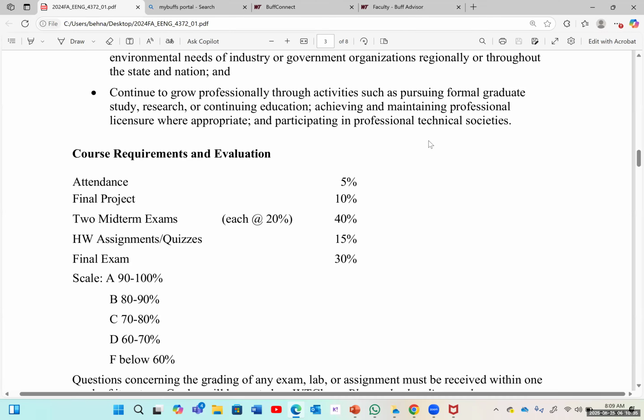We're going to have a final project that is going to be 10%. It's going to be a physical electronic board, a power electronic board. I will put some materials on how to build it, if you haven't had a class with me. The PCB board you need to design with KiCad or PSpice or any other PCB design tool.